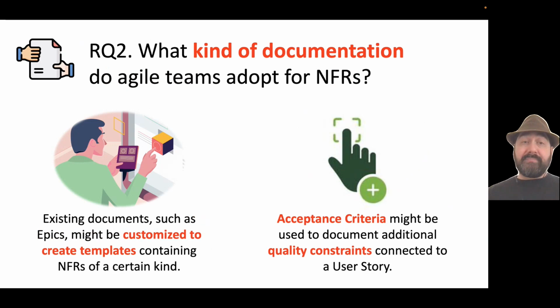About the kind of documentation, we found out that they customized the existing templates, like for epics, and some of them use the acceptance criteria as a way to add non-functional requirements, like some quality constraints.